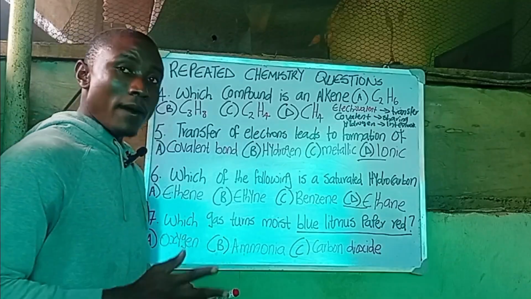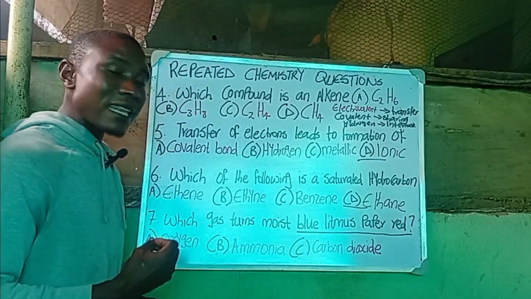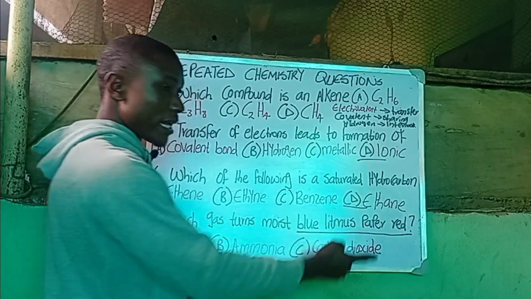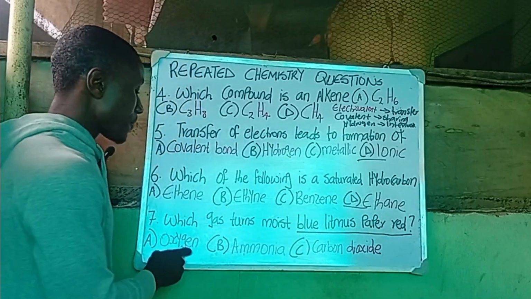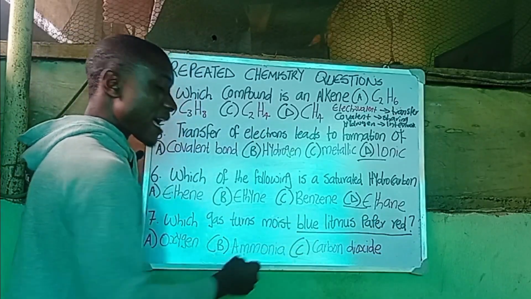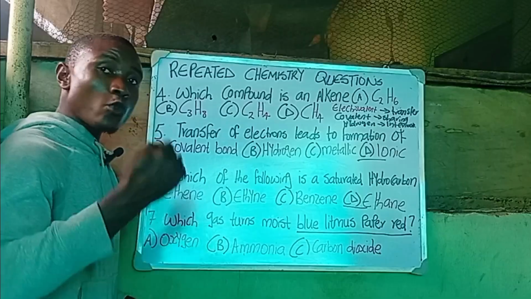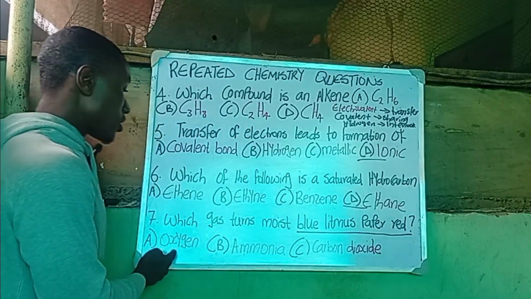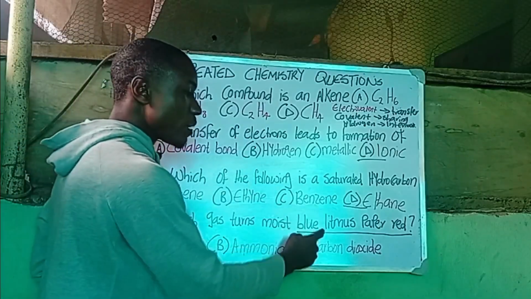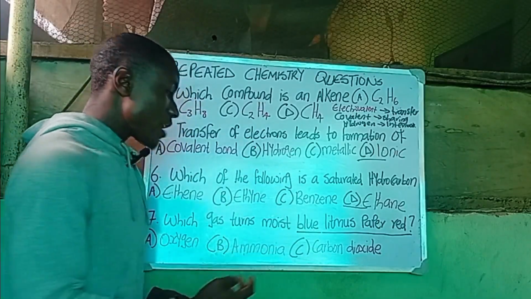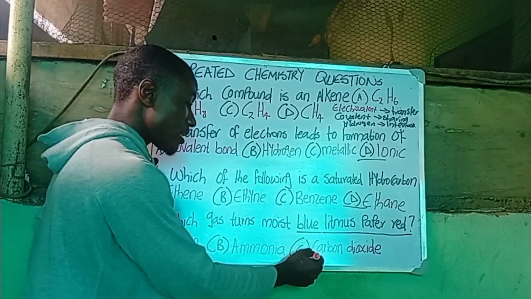For a layman, the person will say none of these is an acid, because we know that an acid turns blue litmus paper red and a base turns red litmus paper blue. The person is correct, but let's talk about when they dissolve in water. Oxygen will dissolve in water, but it will not turn blue litmus paper red. The correct option here is option C, carbon dioxide.